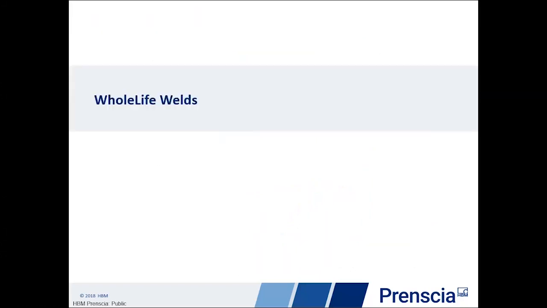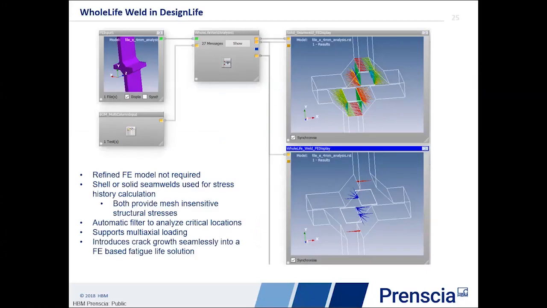One of the hallmarks of this crack growth approach is the fact that it is starting at the initial grain size of the structure, so it's actually starting at initiation. So we're bringing in both initiation and crack growth into the same calculation. We've taken that and implemented it inside DesignLife for Welds.